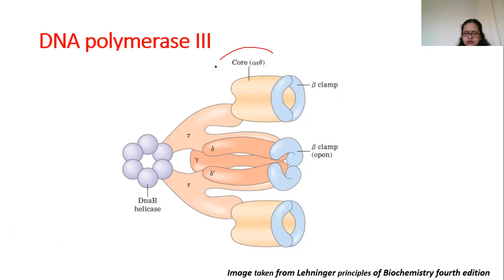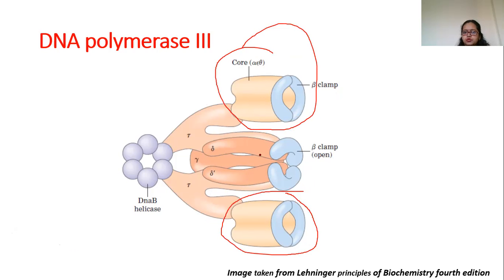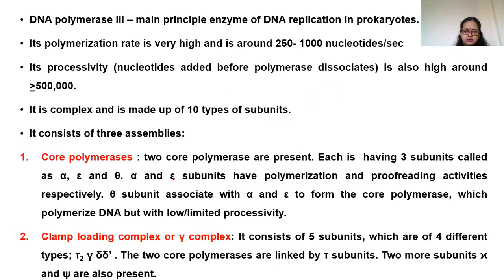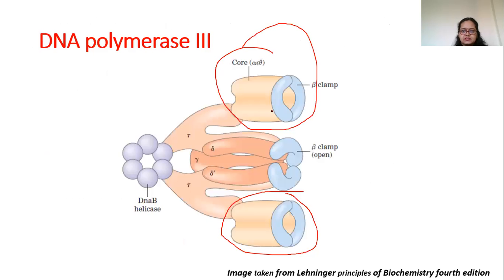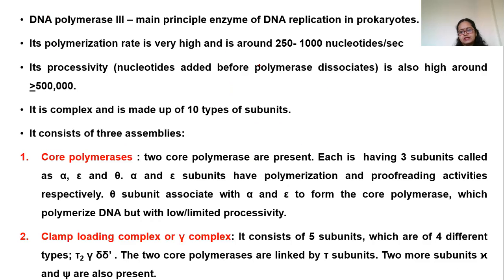This is core polymerase 1, and core polymerase 2 is also here. Both core polymerases have alpha, epsilon, and theta subunits, and their functions are different. Alpha and epsilon have polymerization and proofreading activities. Alpha has polymerization while epsilon has proofreading activity.